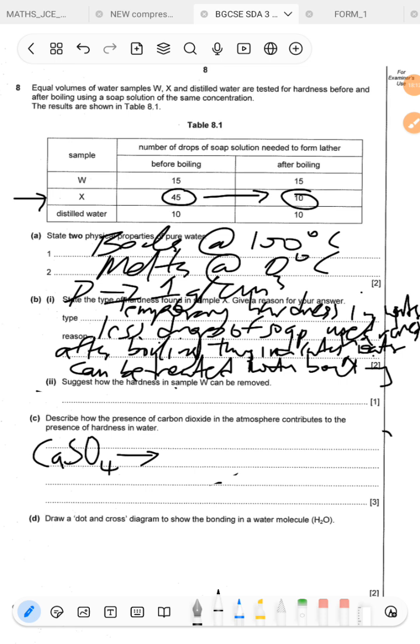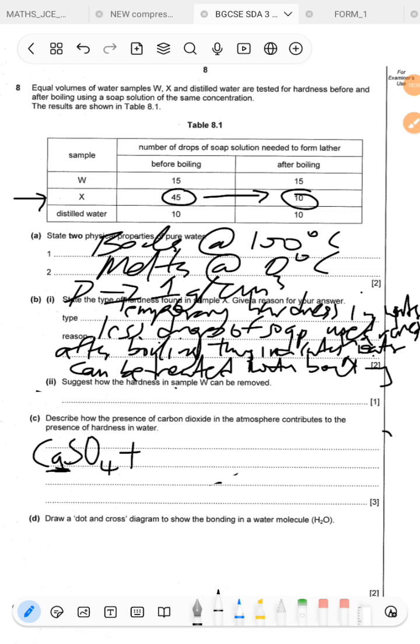But what can you do? What you can do is find another compound that has a more reactive cation that will swap out with the calcium there.